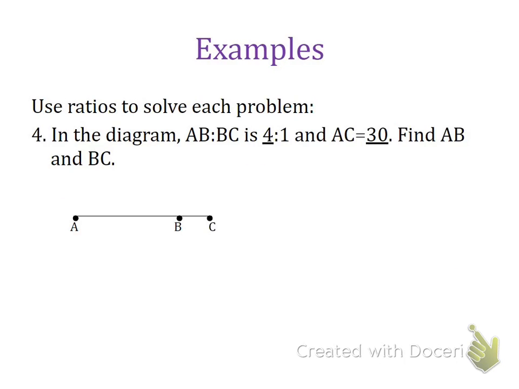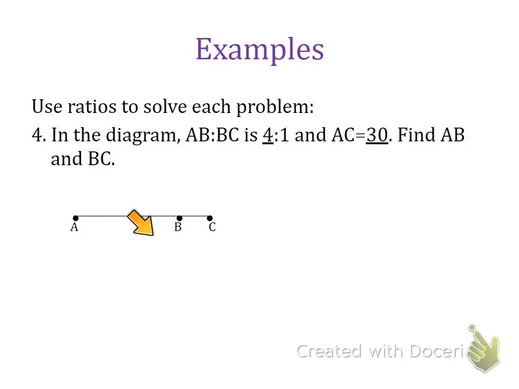All right, it says use ratios to solve each problem. In the diagram, AB to BC is 4 to 1 and AC equals 30. Find AB and BC. You have to fill these things in.